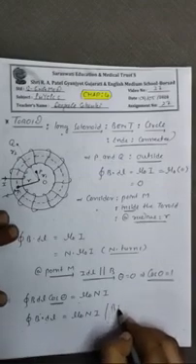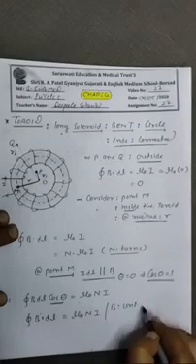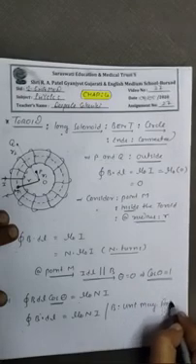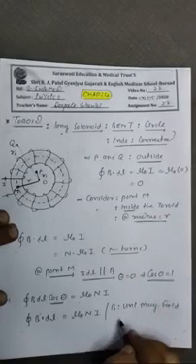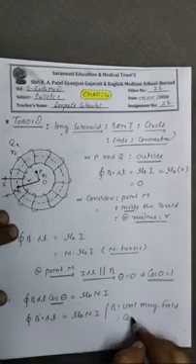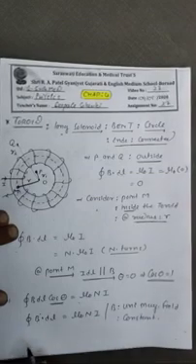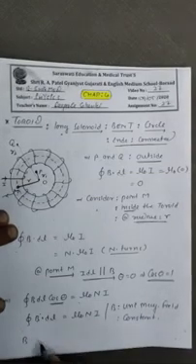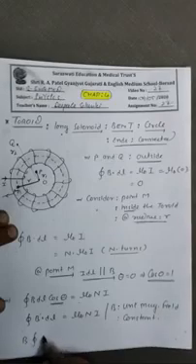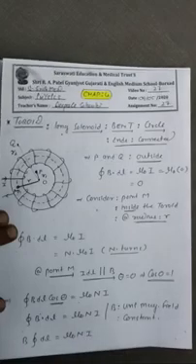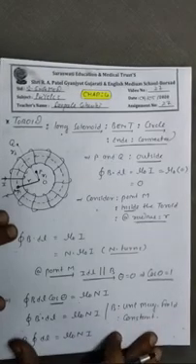B is nothing but the uniform magnetic field inside, and it is constant. So take it out. So we are getting B closed integration dl is equal to mu 0 capital N I. Have a look once again.